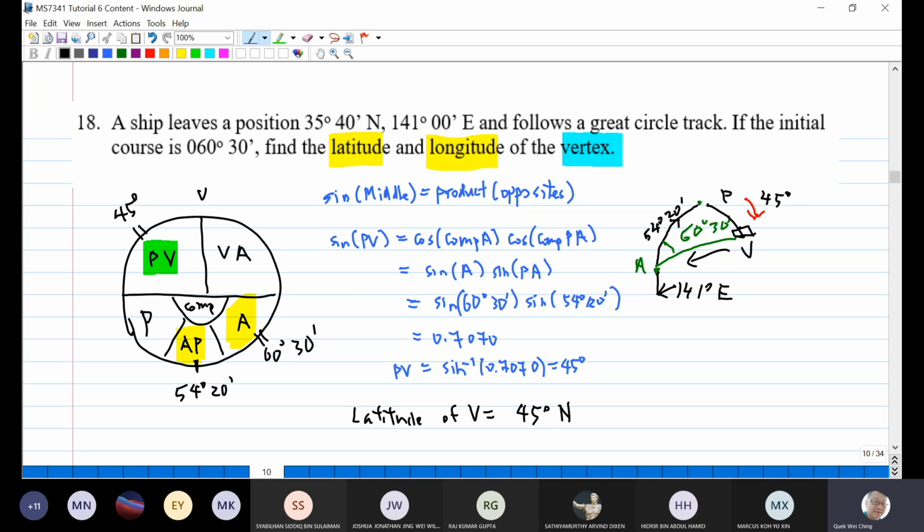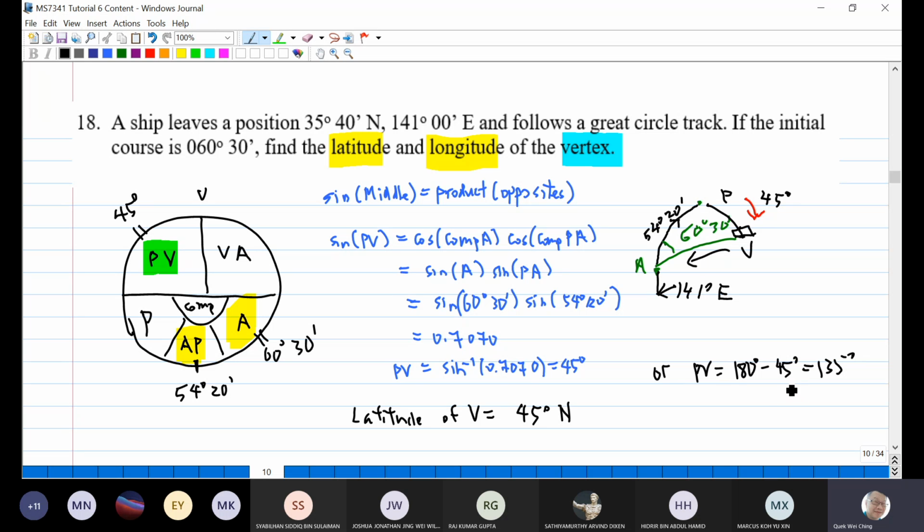All right. So again, when you do the sine inverse, there are two possible answers, right? PV equal to 45 or PV equal to 180 minus 45, which is 135.